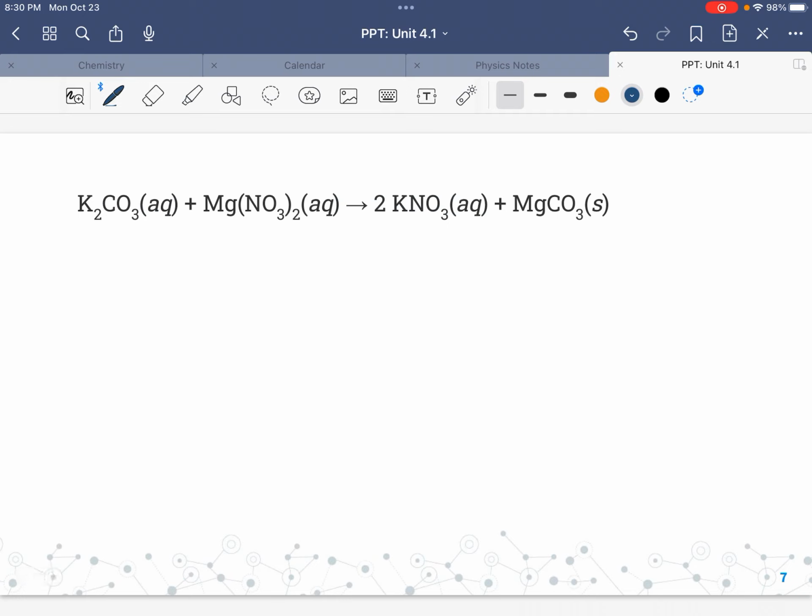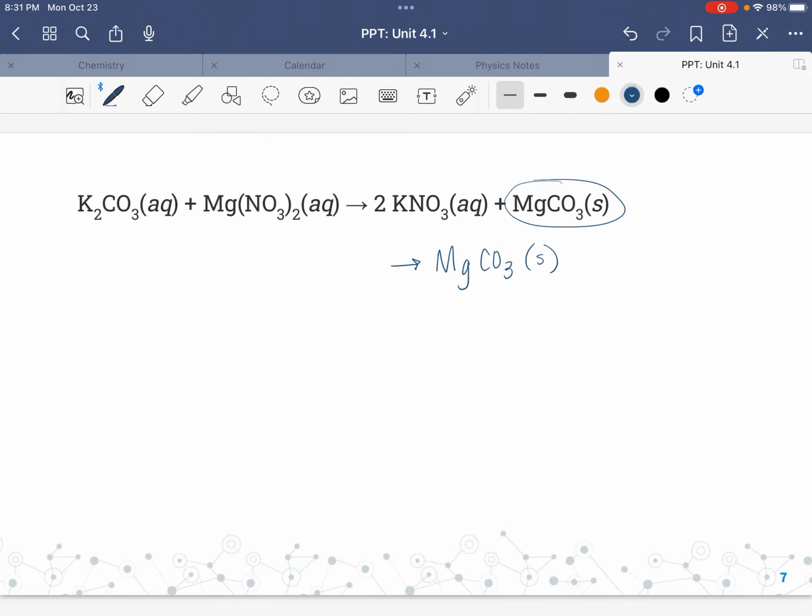All right, so for this one, we're going to write the net ionic equation. Again, I'm going to look at what was my precipitate that was formed. So this is my precipitate, and I'm going to go ahead and write in my product. Looking at the other side, from this salt, I got my CO3, and I'm going to do reverse crisscross to determine what the charge is.